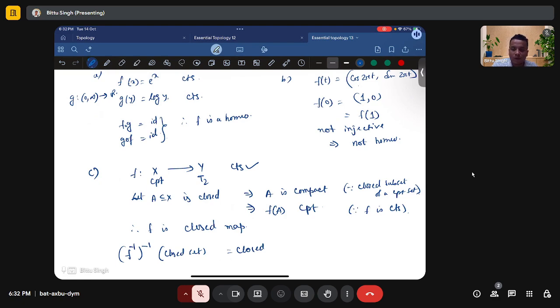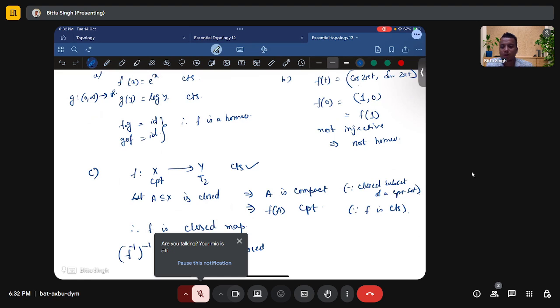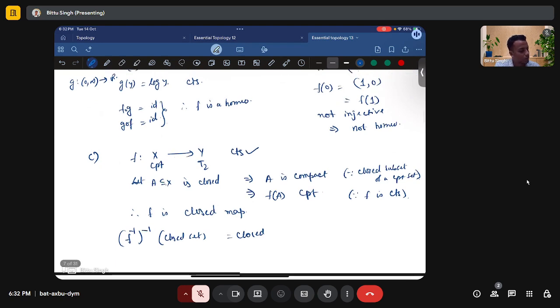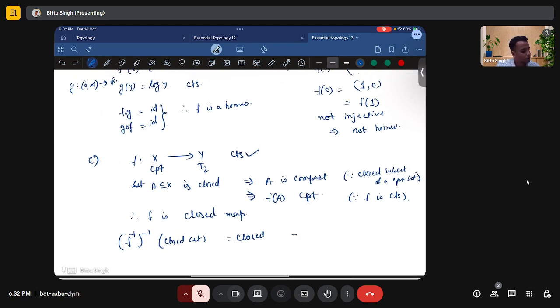And this is one of the definitions of continuity: the inverse image of an open set is open, or we can also say the inverse image of a closed set is closed. Both are equivalent. Therefore, f inverse is continuous. So we have f and a reverse direction map, f inverse, both continuous.